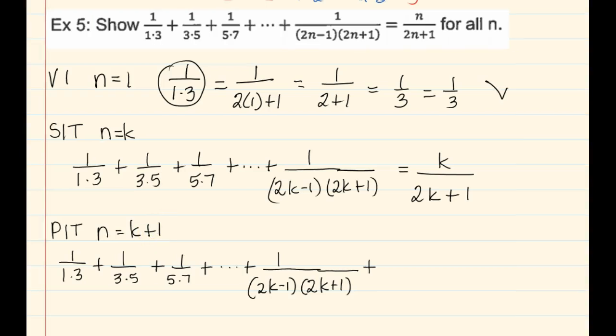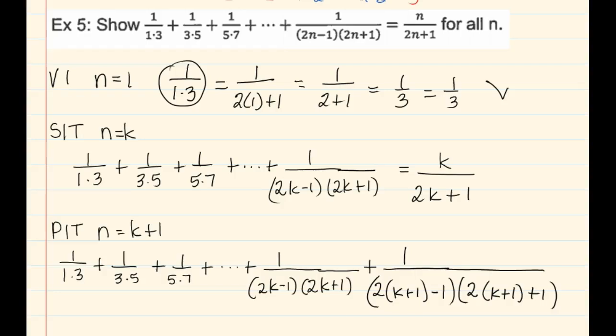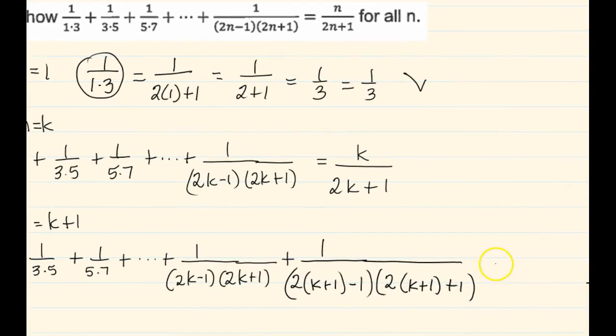So one more term would get us to 1 over 2, and instead of putting k, I'm going to put k plus 1 minus 1. That's the first parentheses. The second parentheses would be 2 times k plus 1 plus 1. And we want to show that this is the same thing as k plus 1 over 2 times k plus 1 plus 1.